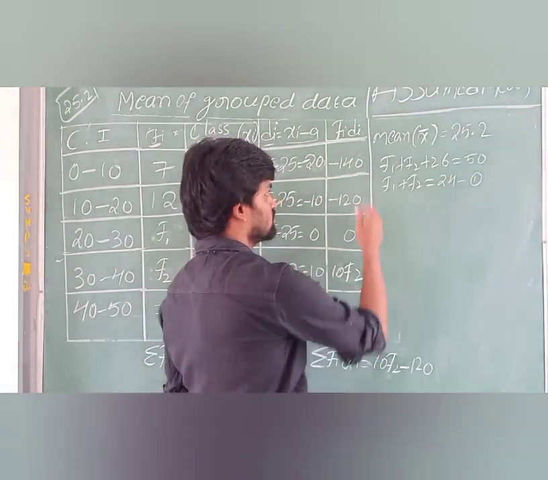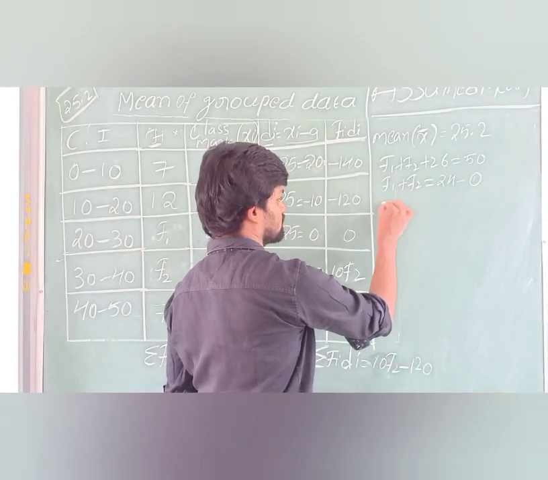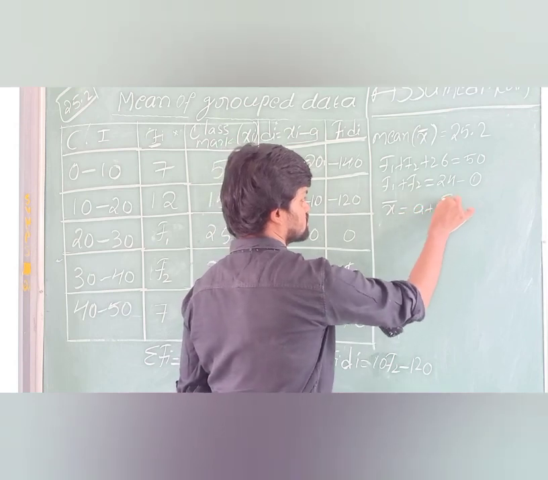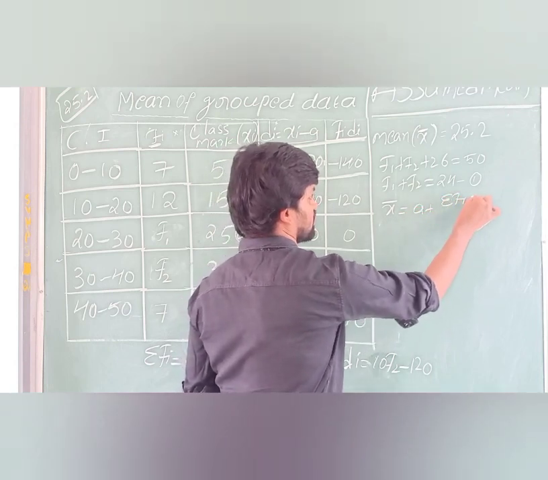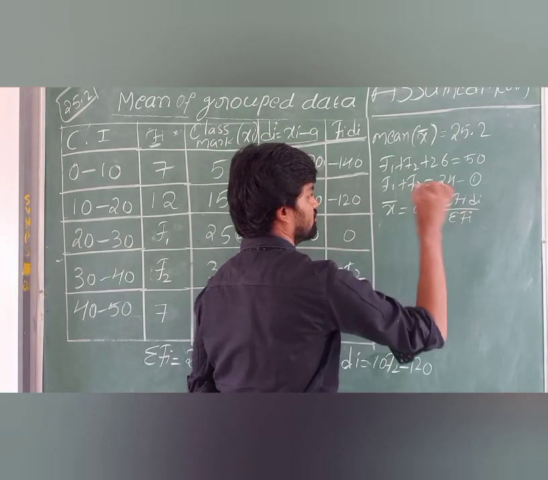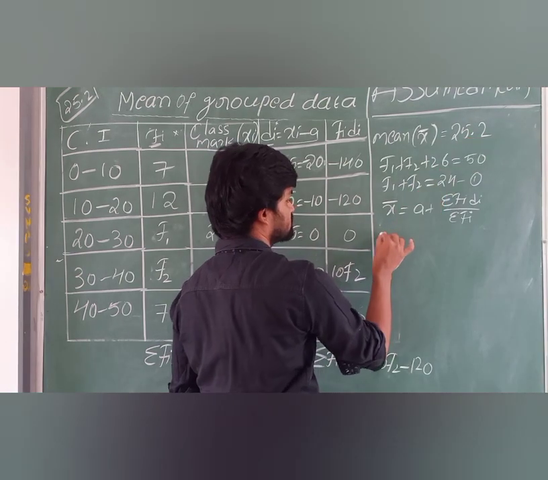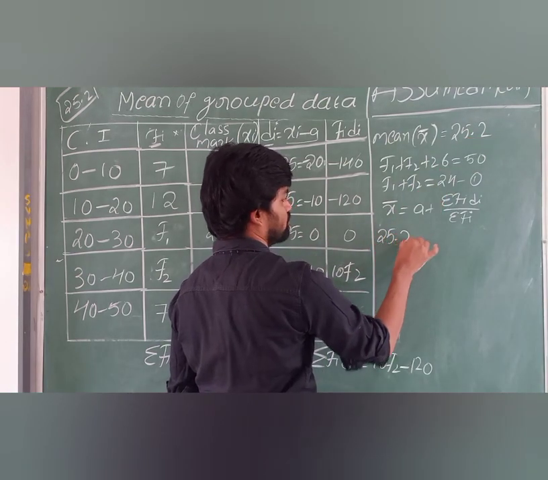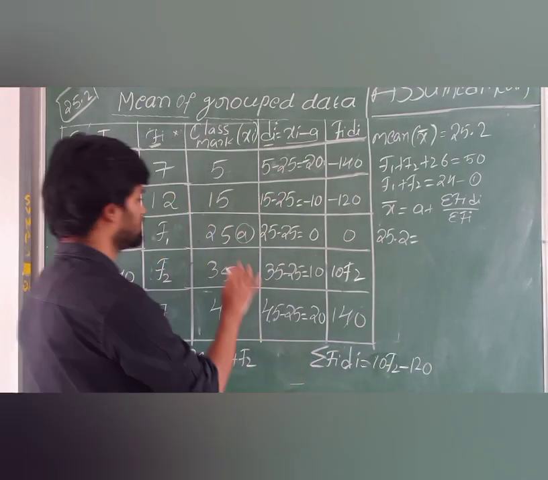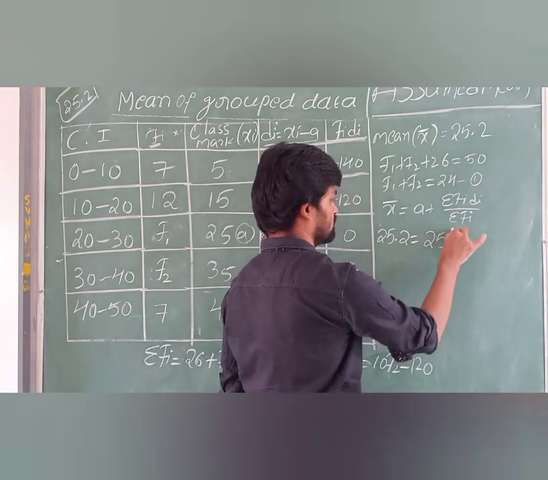Right? Next, we have the formula: mean x bar is equal to a plus sigma fi di by sigma fi. Now the mean is already given, that is 25.2. And what is the value of a? We have taken the assumed mean as 25.